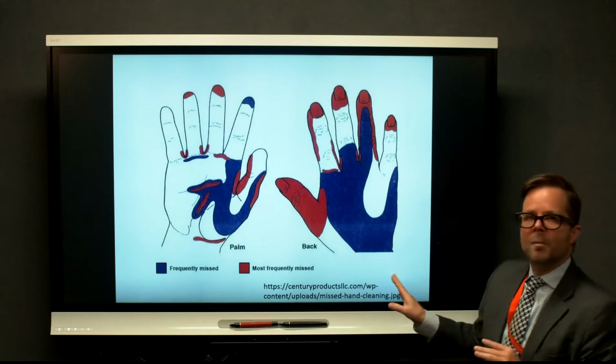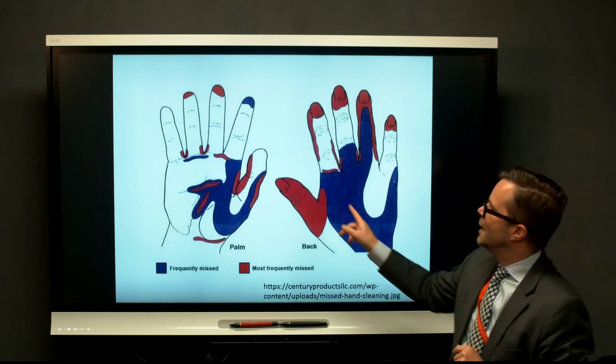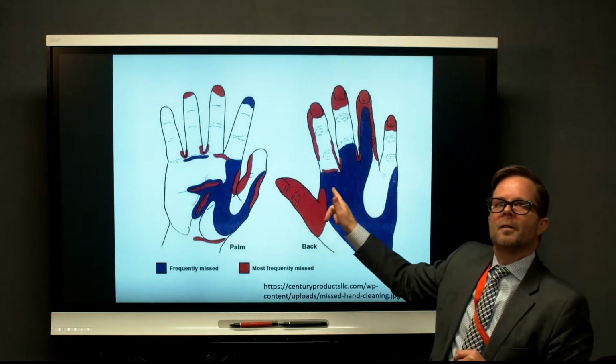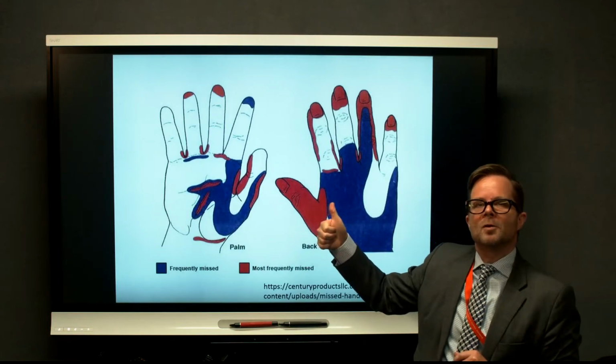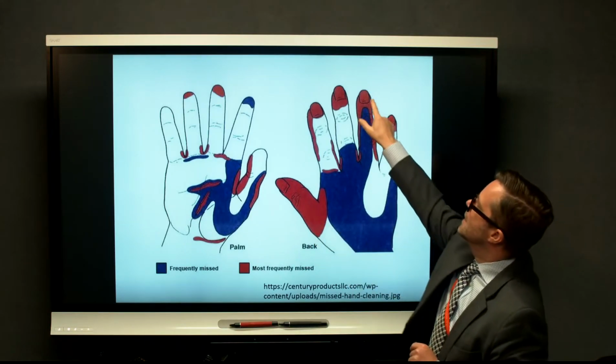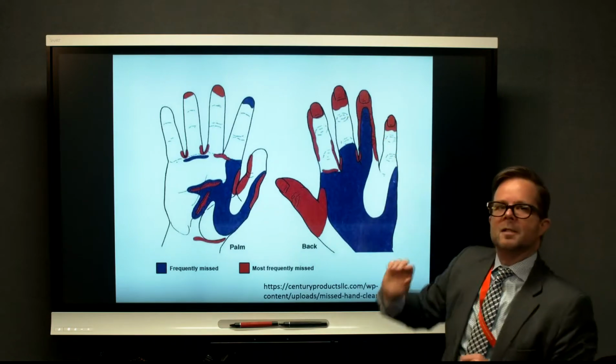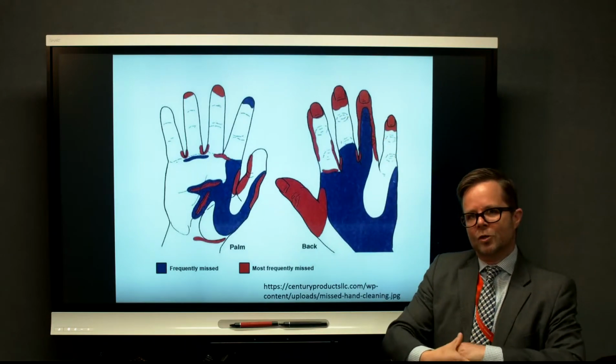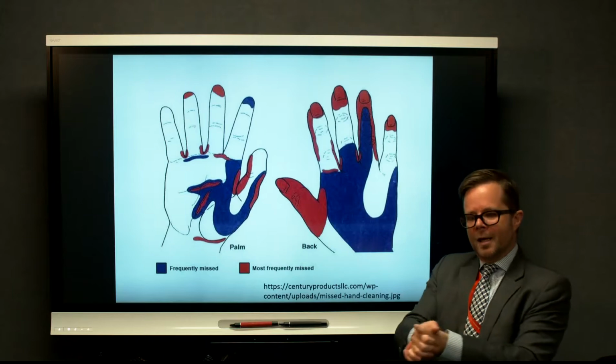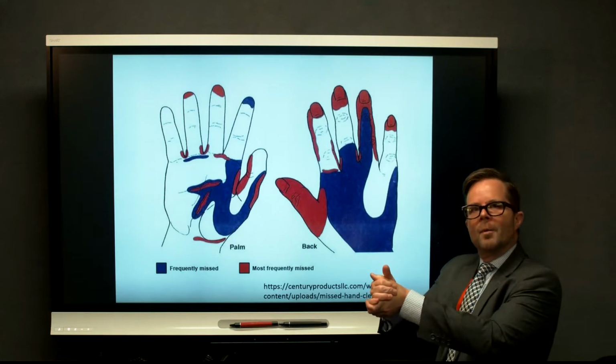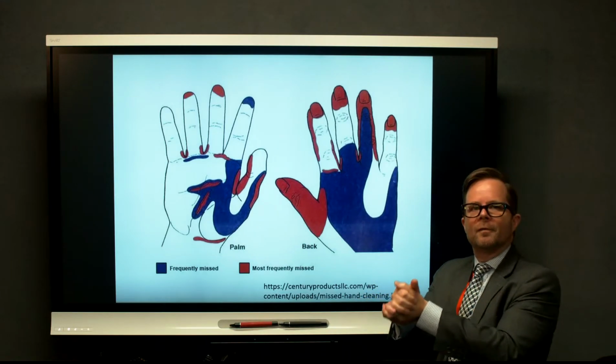These are the areas that are most frequently missed. This is very important, the thumb. So the thumb is most frequently missed, as is the tips of the fingers. If you think about how you wash your hands at home, think about why the thumb might miss out on effective cleaning.